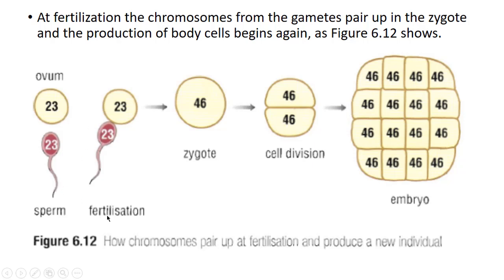The process when they are joining, combining, we call fertilization. Once fertilization is finished, those two make 46 chromosomes of the new individual's first ever cell, called a zygote.